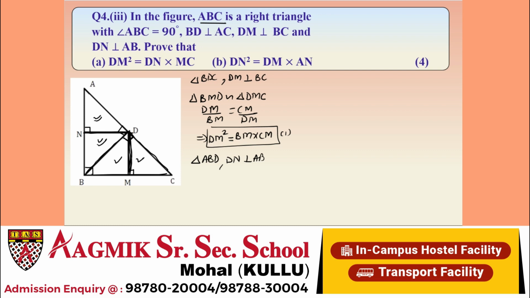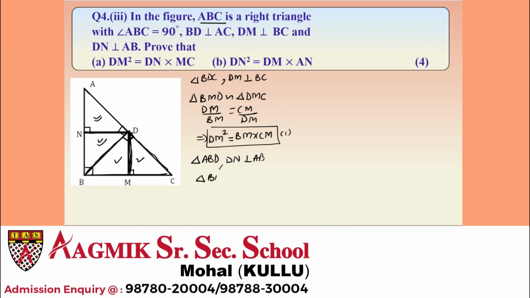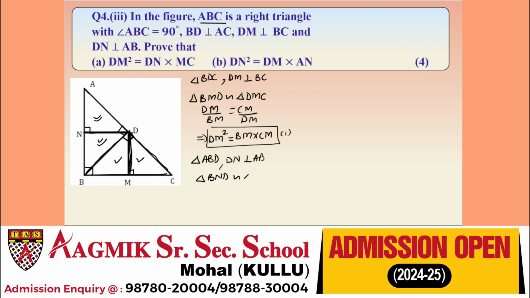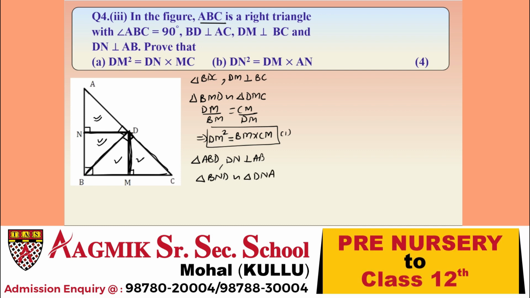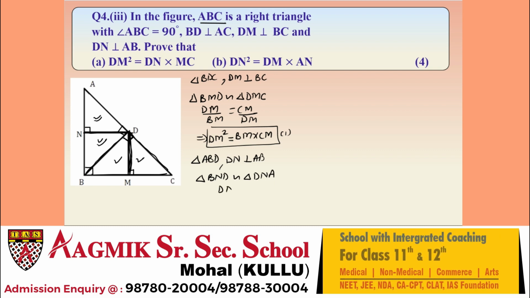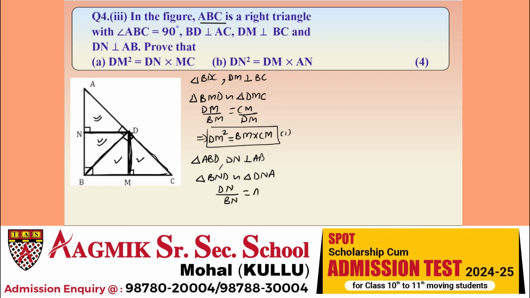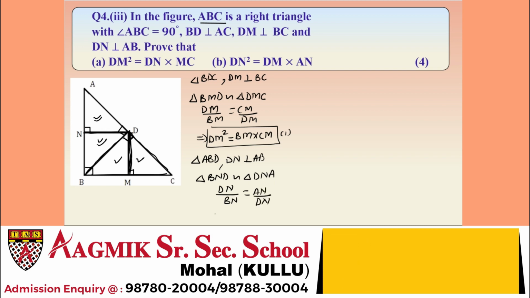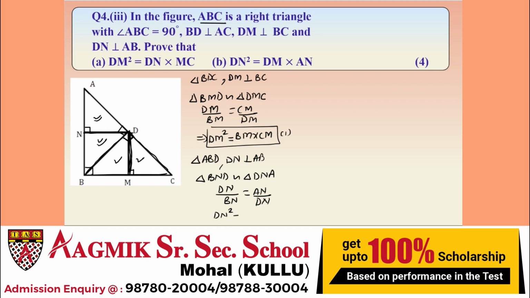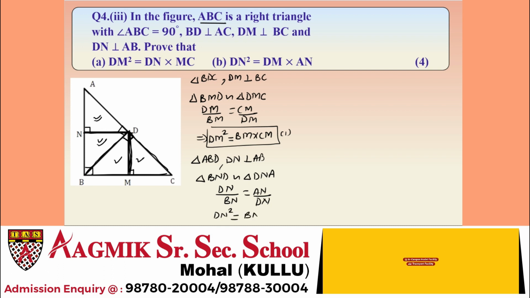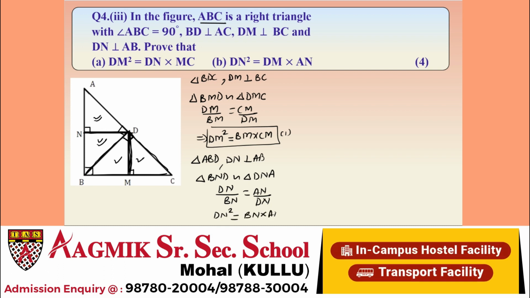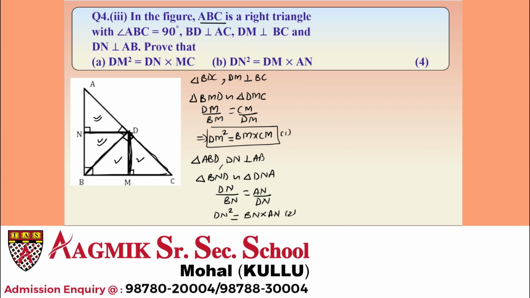So we have triangle BND similar to triangle DNA. Sides would be proportional, so DN upon BN equals AN upon DN. Cross multiplying, we get DN square equal to BN multiplied by AN. Let us call it 2.